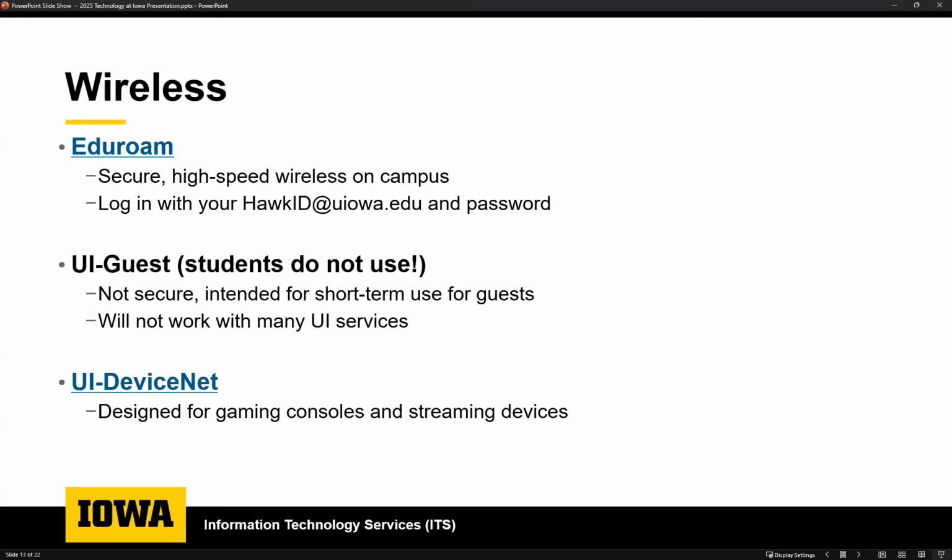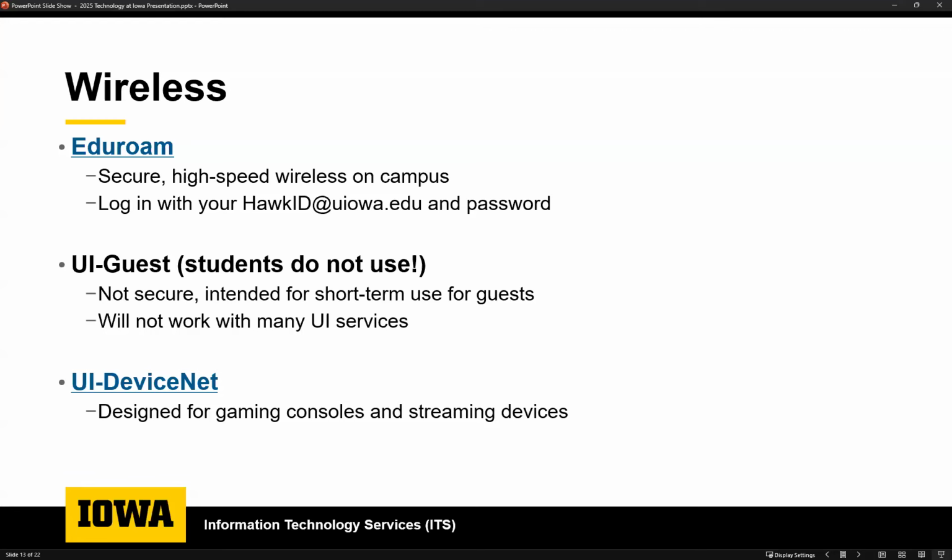UI DeviceNet is another wireless option that our networking team created for all of the gaming consoles and streaming devices, which I guess gaming is pretty important for college students. I don't know, I don't get it, but UI DeviceNet, that's a link right there, and it will take you to step-by-step instructions for how to connect your PlayStation, your Xboxes, your Fire TVs, your Amazon Fire Sticks, Rokus, all the things.